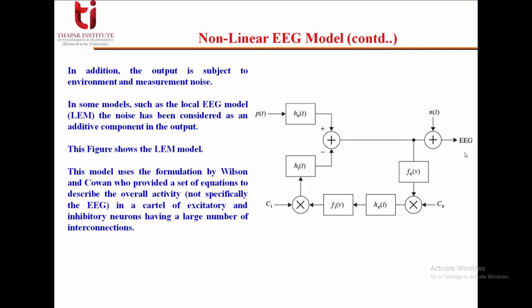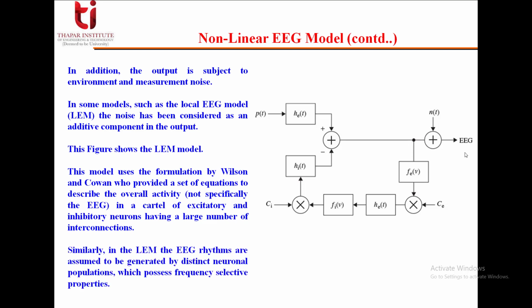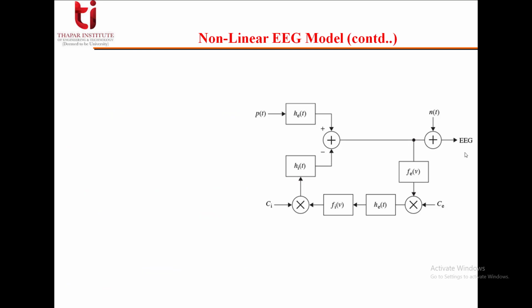So this model used the formulation by Wilson and Cowan, who provided a set of equations to describe the overall activity, not specifically of EEG, in a cartel of excitatory and inhibitory neurons having a large number of interconnections. Similarly, in this model, the EEG rhythms are assumed to be generated by distinct neuronal populations which possess frequency selective properties.